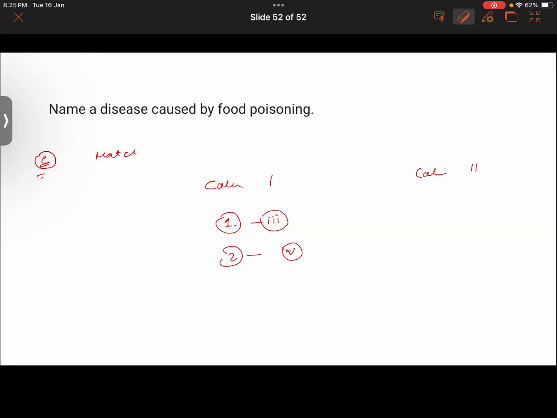Sir, I can't find the answer for the 11th one. The 11th one, hot and cold treatment. It's very simple. Look at column number 2. Look at every option. Hot and cold treatment basically refers to where we apply this treatment.